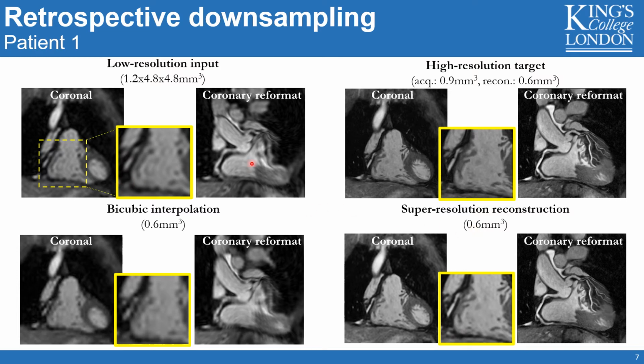We see that we can nicely recover the high resolution data from this low resolution input, and also coronary arteries which get obstructed and lost in the low resolution acquisition can be recovered again by the high resolution upsampling, which cannot be recovered by just performing a bicubic interpolation.